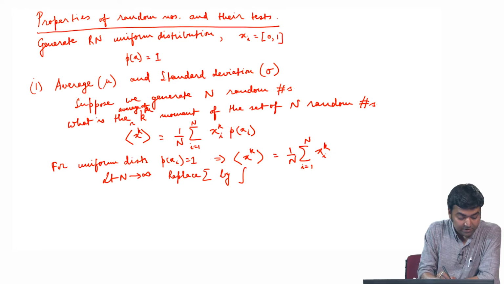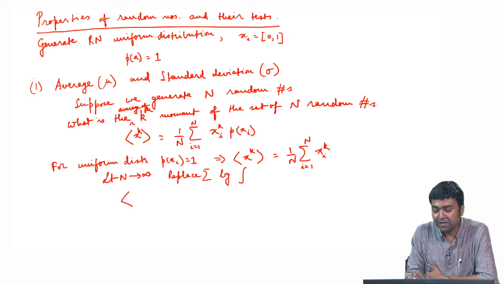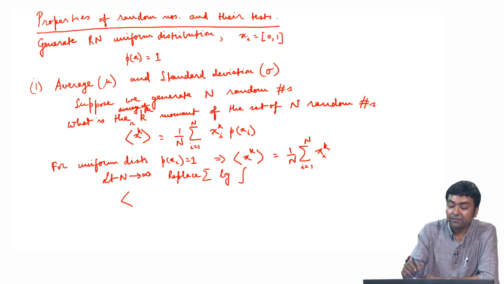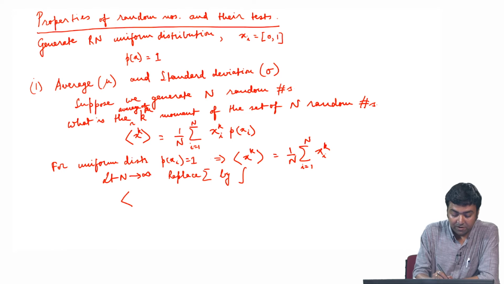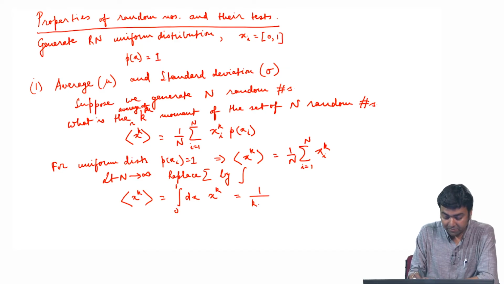What will be the range of the integration? The range will be between 0 and 1, because my x_i's vary from 0 to 1. So, the average value of the kth moment is given by the integral from 0 to 1 of dx x to the power k, or in other words, 1 by k plus 1.